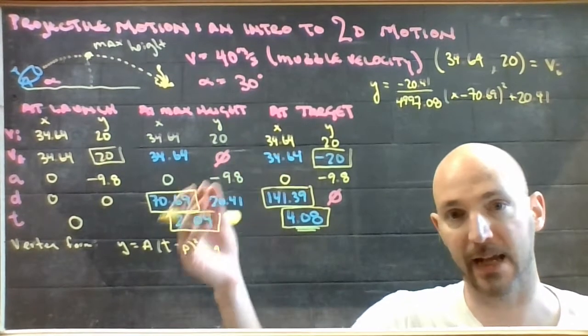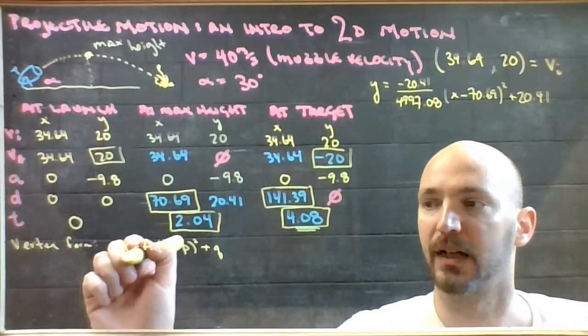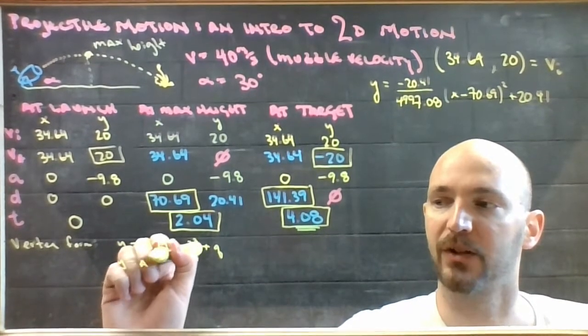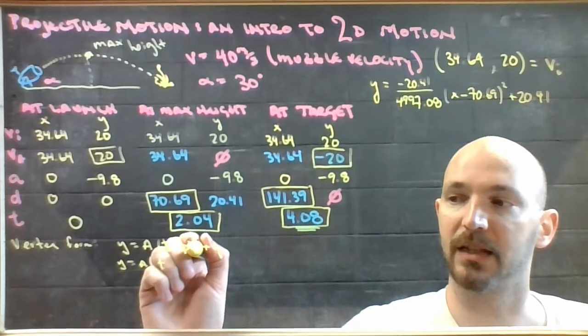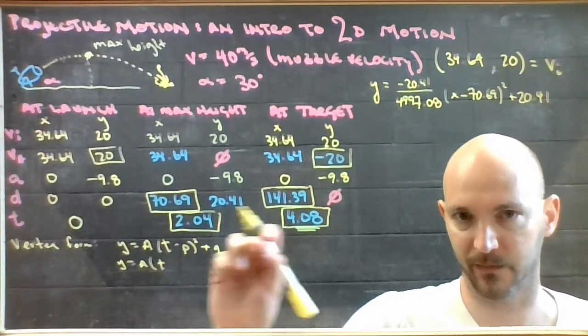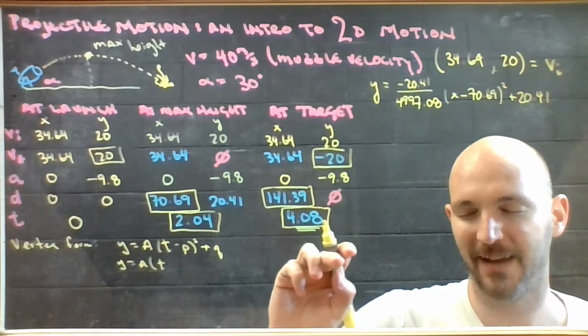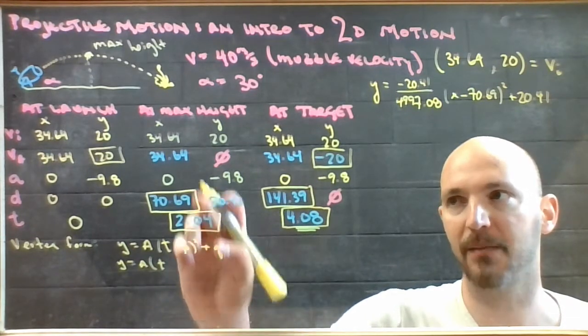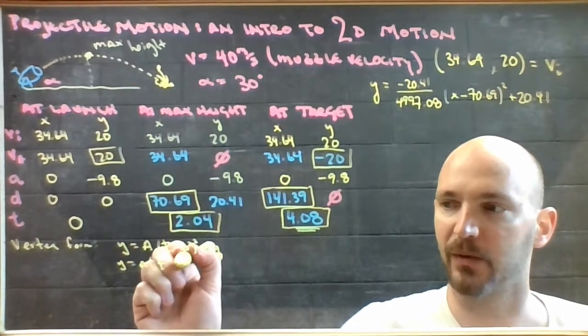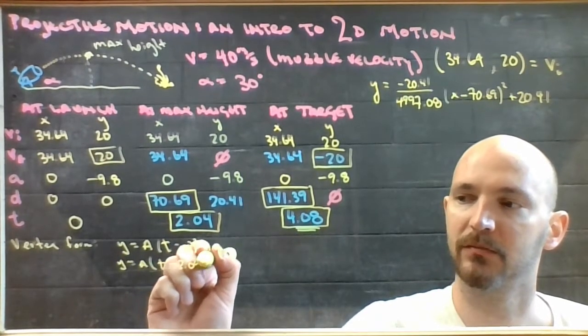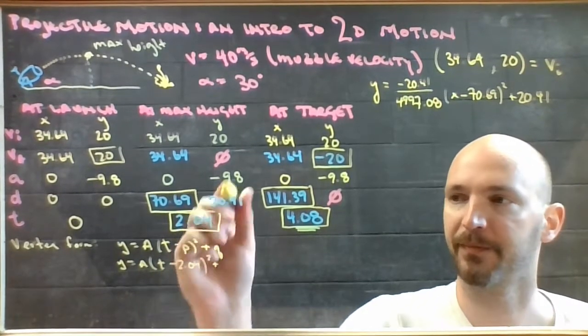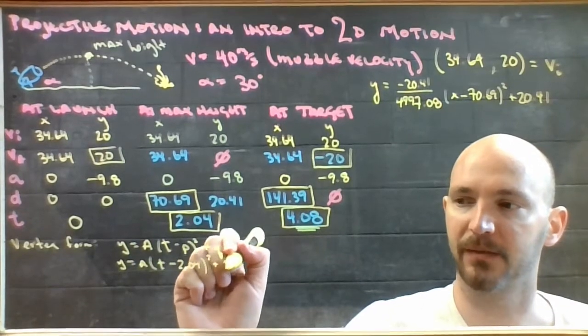Well, the mechanics of this aren't any different. I've got an A value, I have the t component at the vertex, right? The time at the max height is 2.04. And the height is 20.41.